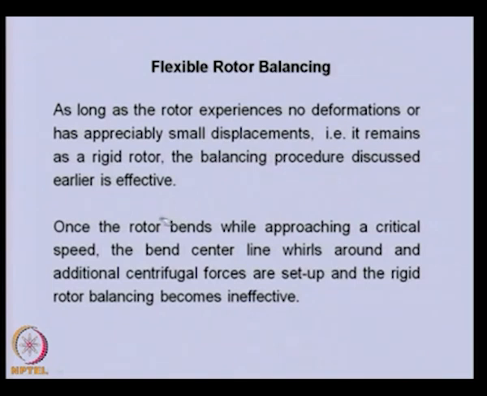But when the rotor speed increases and the rotor bends while approaching a critical speed, the bent center line whirls about the bearing axis, additional centrifugal forces are set up, and rigid rotor balancing becomes ineffective.